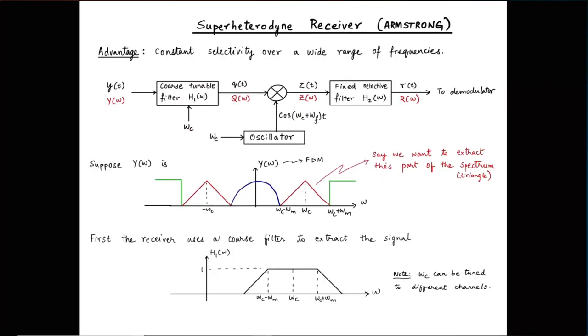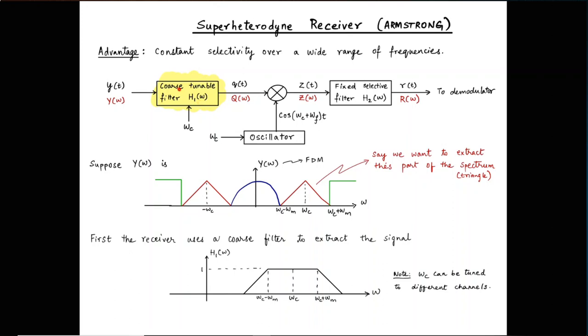We are doing this in two stages, like I said. The first stage here is highlighted in yellow. The first stage is, let us make a filter which is coarse tunable, and we are calling that filter frequency response as H sub 1 of omega. So it is coarse, meaning it is not very selective, so it's not a rectangle. It looks like this.